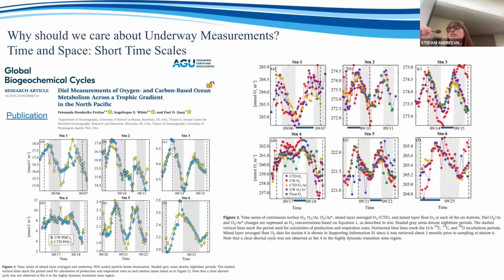Scientists were actually able to utilize this data to look at diel cycles of different plankton and different organisms within the environment. For these examples, we're particularly using a SeaStar transmissometer and oxygen sensor. So there's a lot of value in having these measurements and just understanding, one, your biogeochemical cycles within the surface seawater.